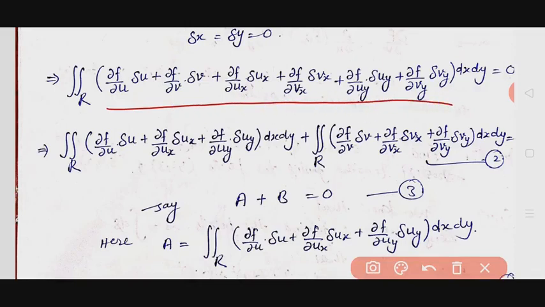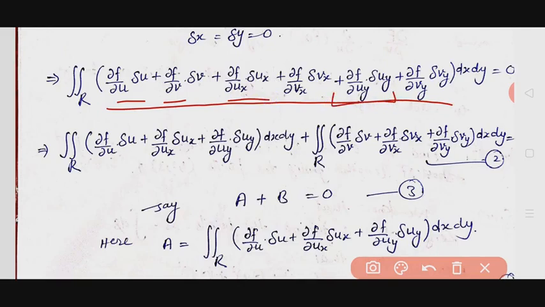Now the terms of u I collect in one integral, and the terms with respect to v I consider in a different integral. So I take partial f by partial u into delta u, partial f by partial ux into delta ux, and partial f by partial uy into delta uy.